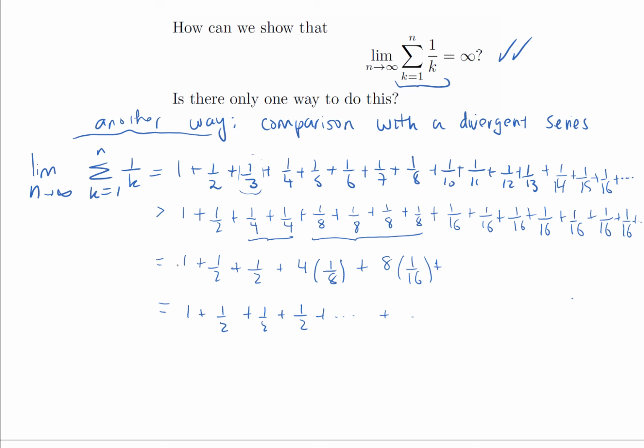Here we had 2 addends, and I'll probably just keep it like 2 times 1/4. And then we have 4 addends, and then we have 8 addends, and we will have a power of 2 addends times a fraction, the fraction by which we replaced all those terms of the form 1 over k, where k was not a power of 2. And that fraction will always be of the form 1 over a power of 2, one that goes beyond the number of addends.